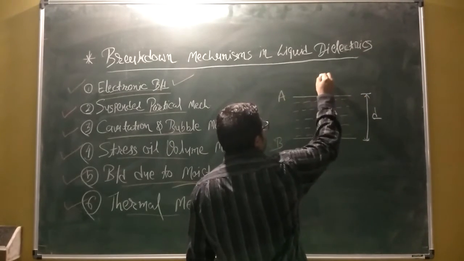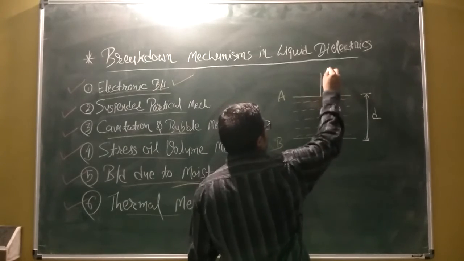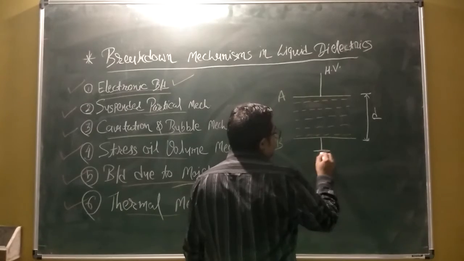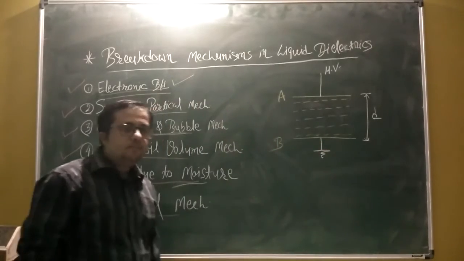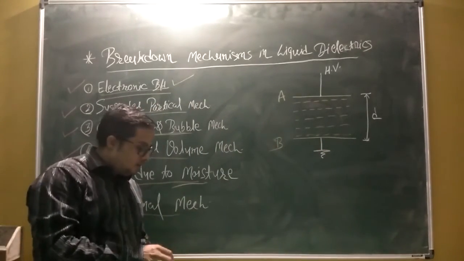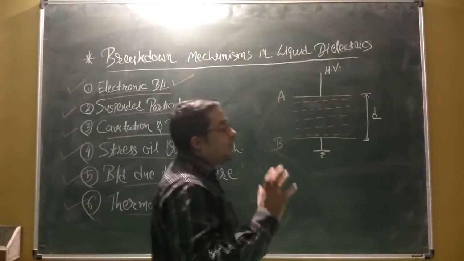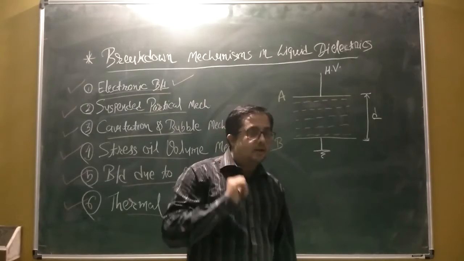Now here I am giving the high voltage, and suppose the opposite electrode is ground. Now you know the role of the capacitor. When I am giving the voltage, the capacitor will start to charge.